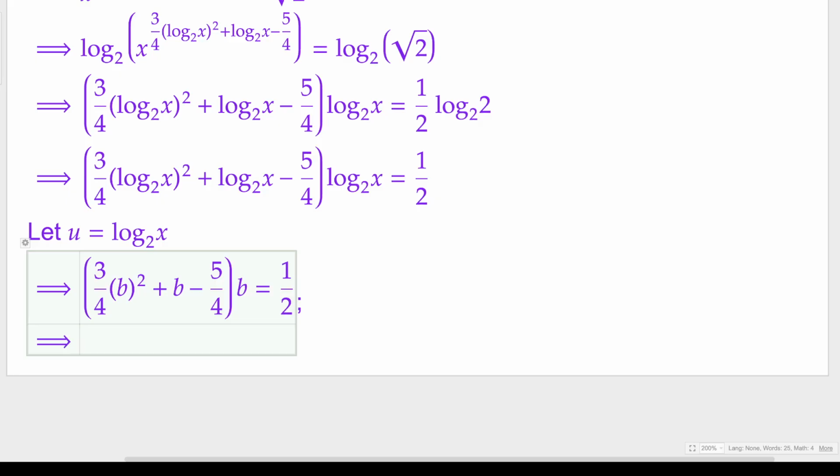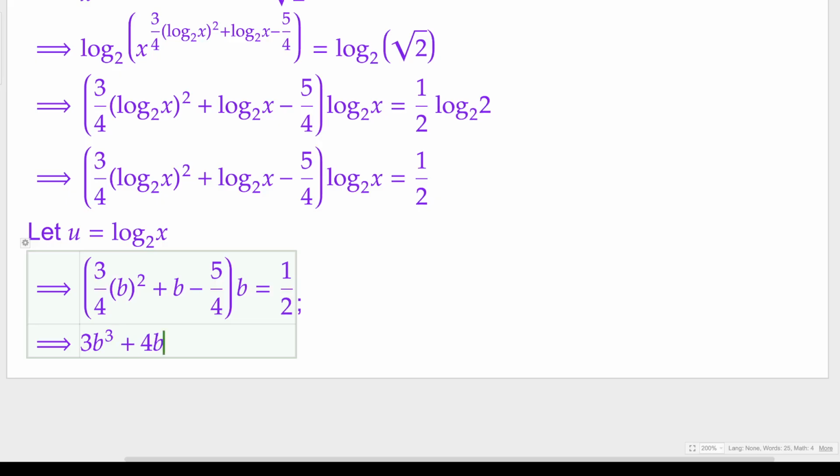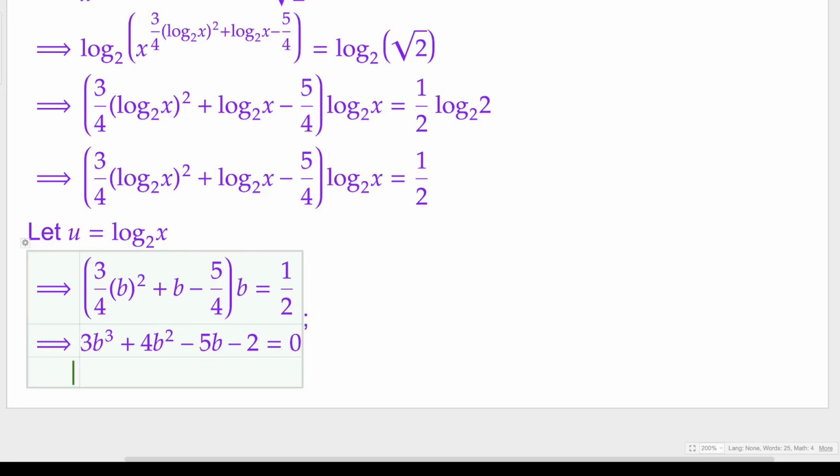So this can be written as 3 times b cubed plus 4b squared minus 5 times b minus 2, that is equal to 0. Now on factorizing this, if you observe, on substitution of 1 this is satisfied when you substitute b equals 1.